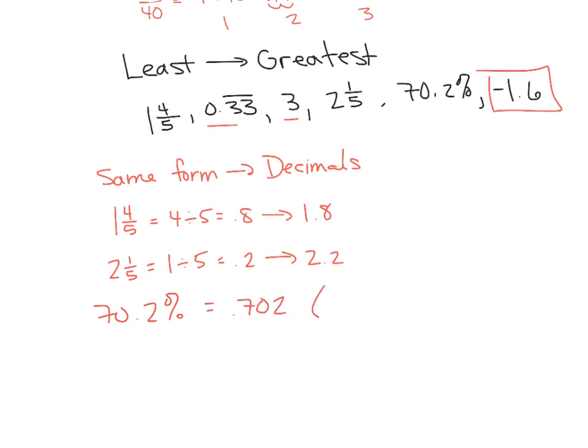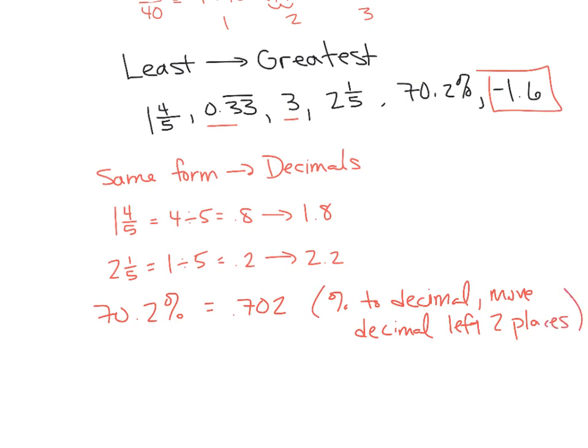So when you're changing percent to decimal, move the decimal left 2 places. Even if it already has a decimal, you have to move the decimal 2 places, and that drops the percent. So now we have a bunch of decimals here.